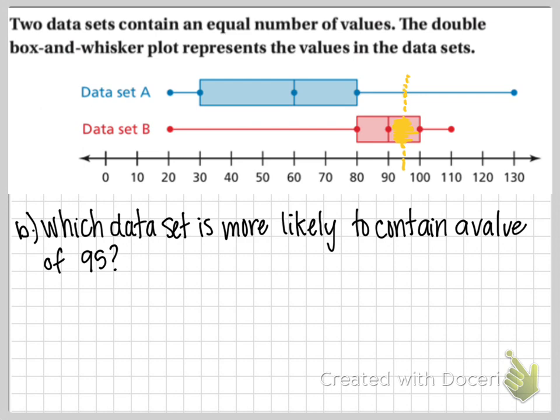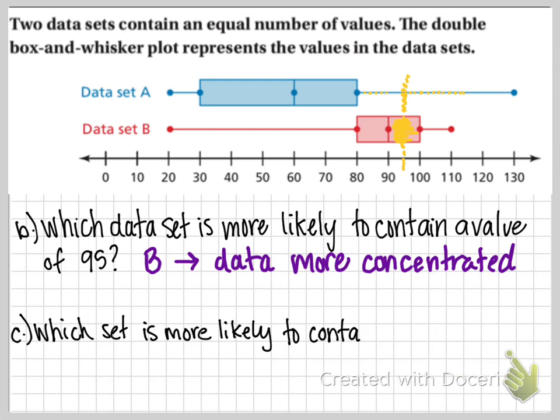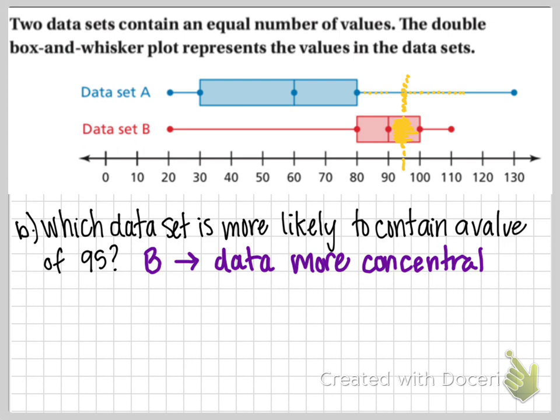Versus when we look up at our whisker, there's not a lot of data along this whisker. It's very spread out here. So it is less likely that one of those numbers is 95. Is it possible? Yes. But is it likely? Not as likely. So it's more likely that data set B would contain the number 95. Okay? Because the data is more concentrated in the IQR, so in that 80 to 100 range.